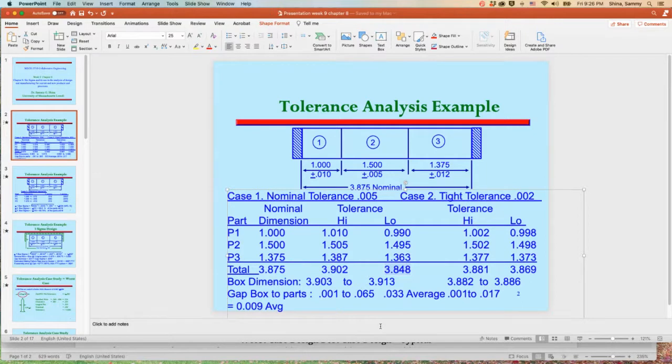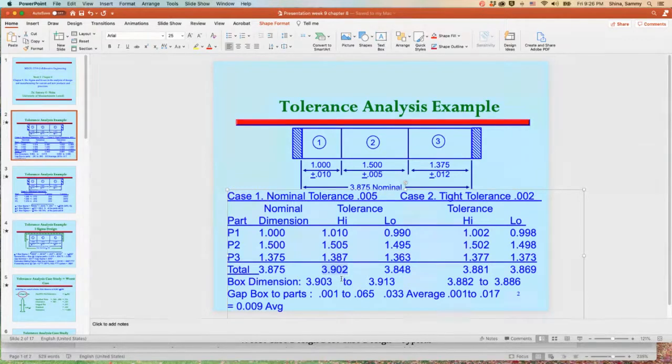When we add up all the high numbers, that will be our minimum cover for the 3 parts. I'm calling the cover a box. So the box dimension has got to be slightly bigger than the maximum tolerance of the 3 parts.